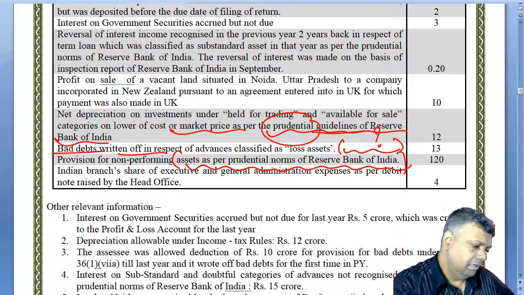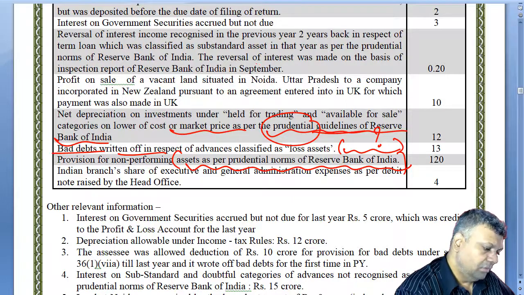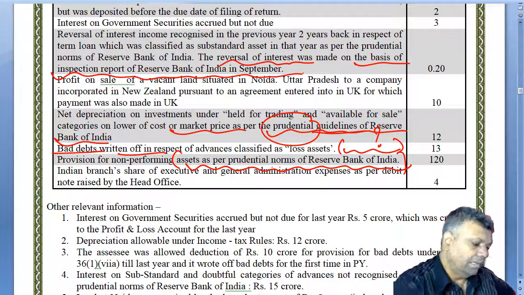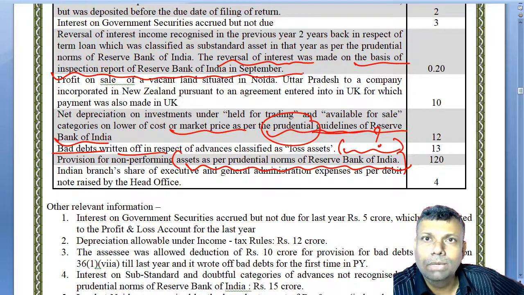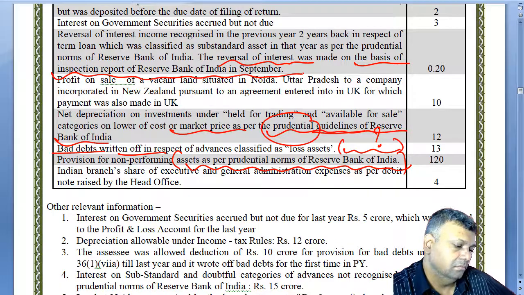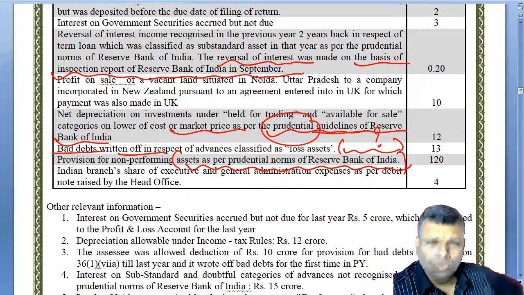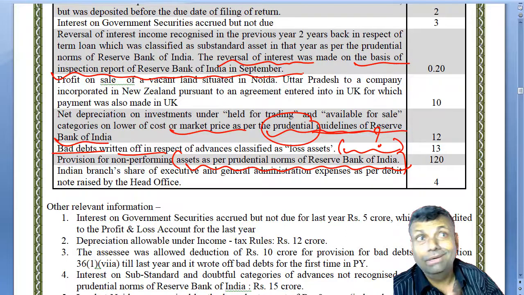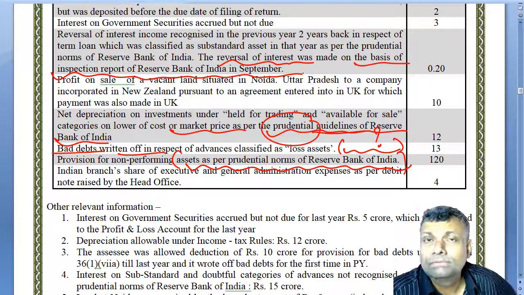Also in one of the earlier points, the reversal of the interest was made on the basis of the inspection report of the Reserve Bank of India in the month of September. They have used that kind of language, but does it make any difference?